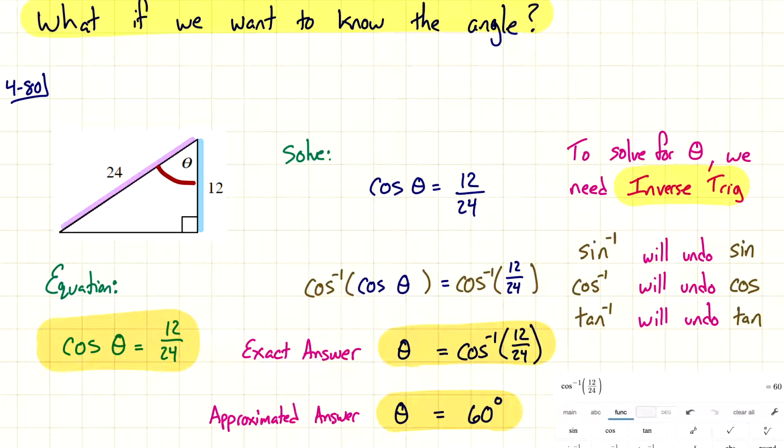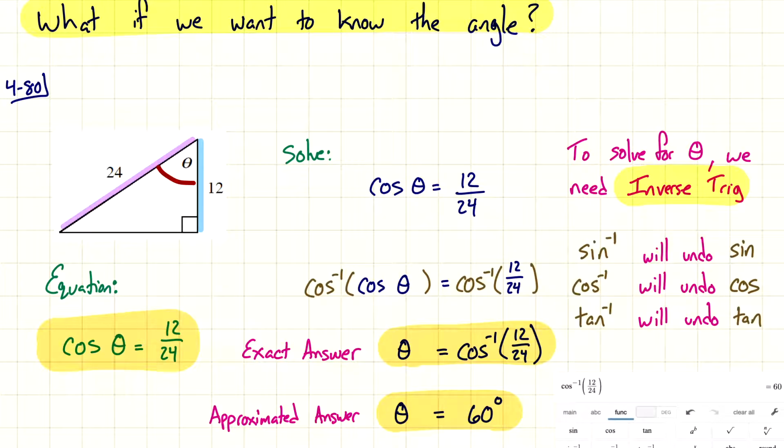We have a right triangle, and we know two side lengths, and there's an angle that we don't know. So we have the symbol theta. Theta is a Greek letter that we use to represent our angle measurements. In case you see this keep coming up, this is not the number 0, it's the letter theta.